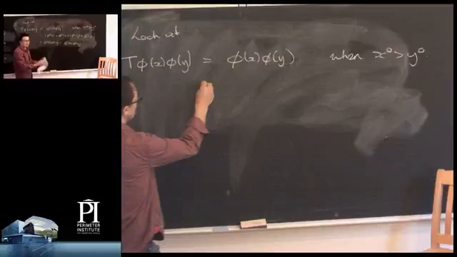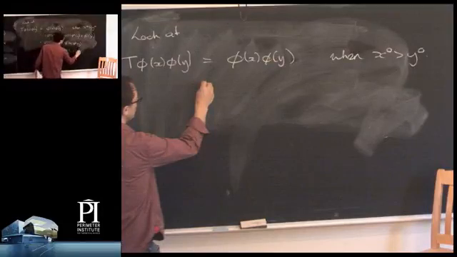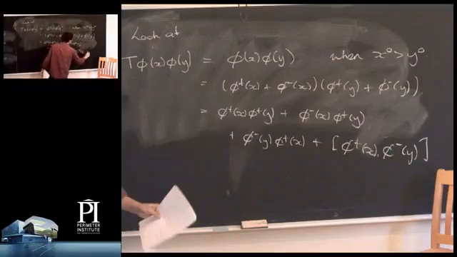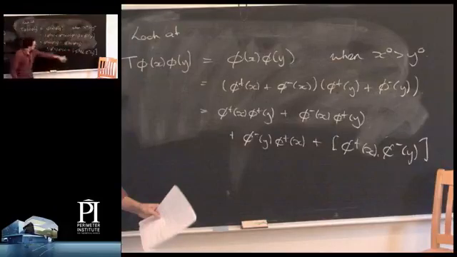So let me just rewrite this. So it's trivially got the phi plus to the right. I'll have a phi minus of y, phi plus of x. But then I've got to add the commutator of phi plus of x, phi minus of y. So the minus term of this commutator cancels this, and what I'm left with is the honest term.